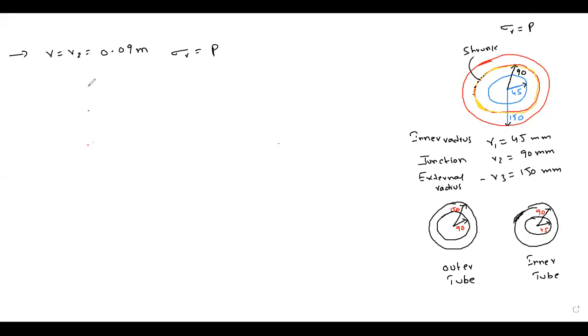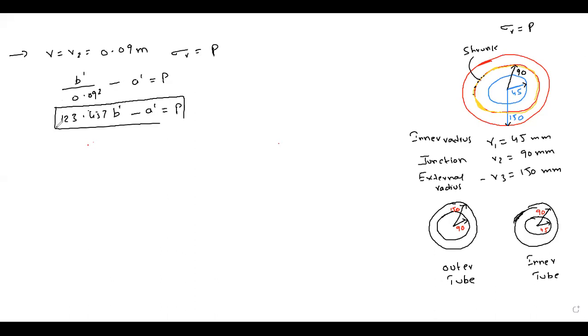So substitute: B dash by 0.09 whole square minus A dash is equal to P. So 123.457 B dash minus A dash is equal to P. This is how we write the other equation, and this equation is 6.